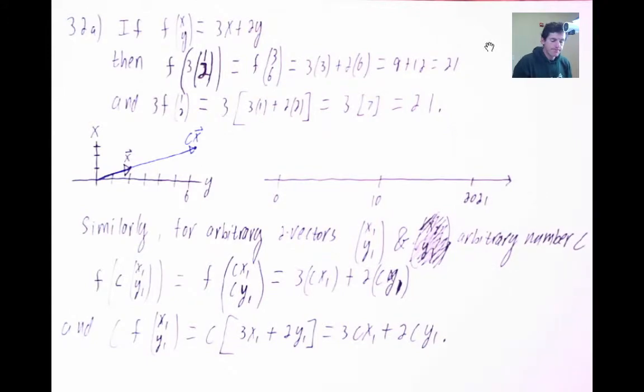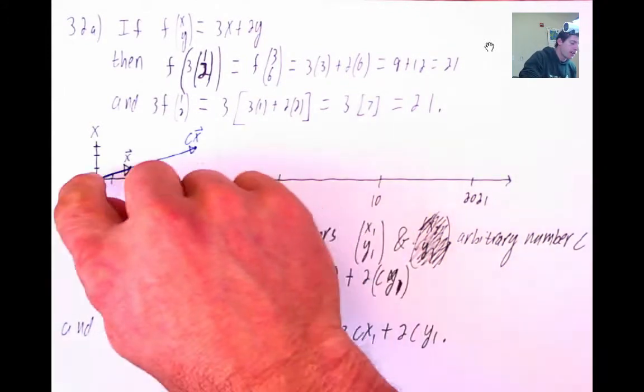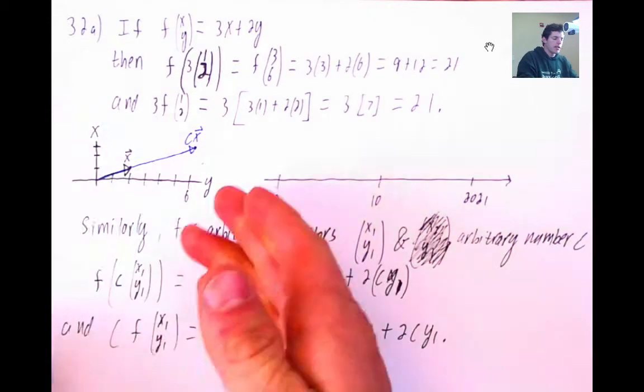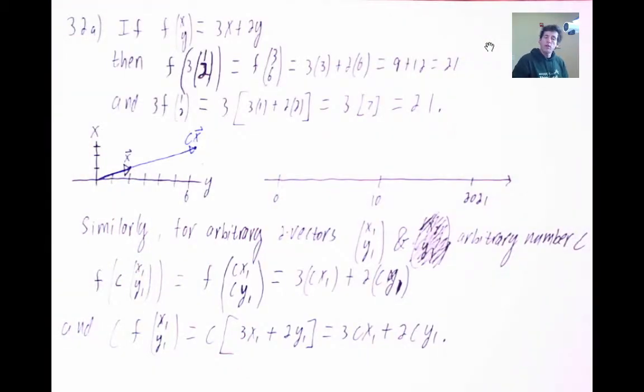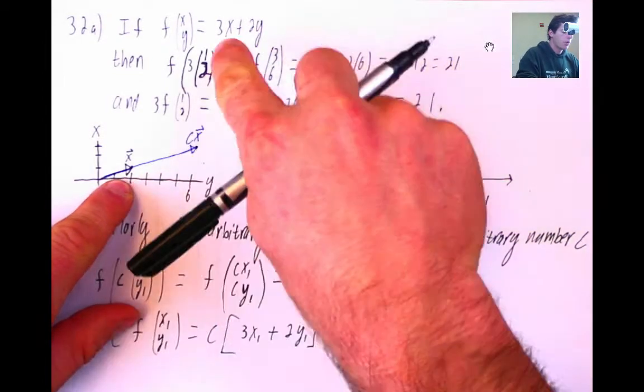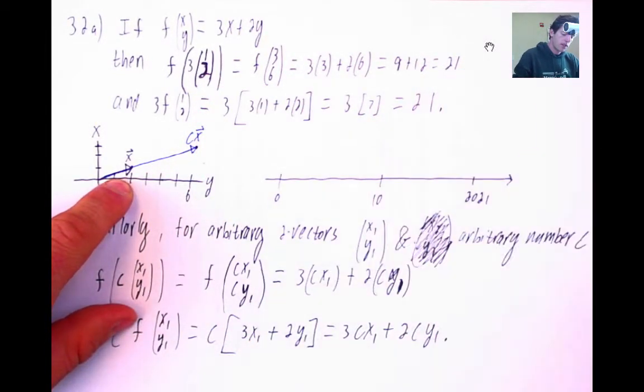If you don't like it, redraw it with the x-axis and y-axis the usual way. It'll look like the same picture flipped around like this. I apologize.